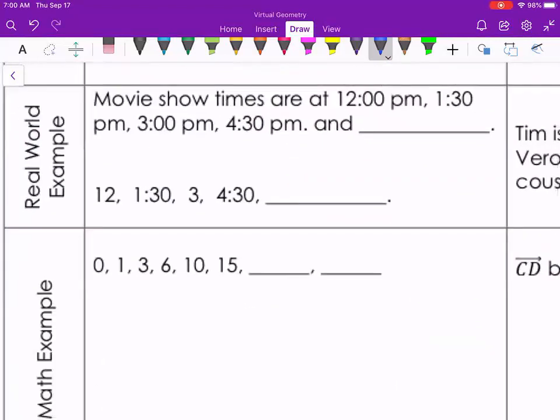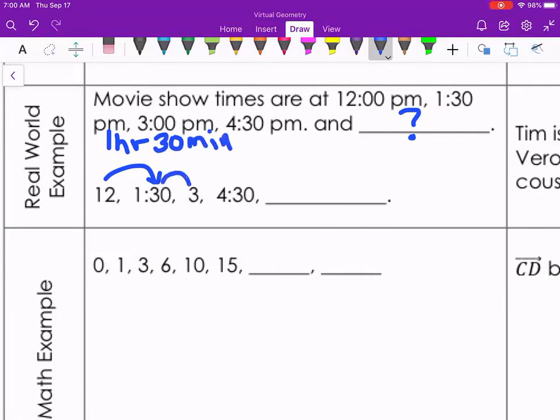Movie show times are at 12 o'clock, 1:30, 3 o'clock, 4:30, and what? So there is a pattern here. I need to figure out first off, what is that pattern? From 12 to 1:30, that was an hour and 30 minutes.